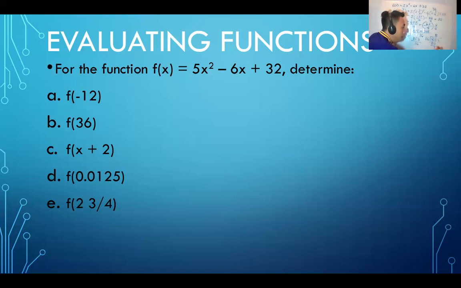Bring down 3. How many 16s are in 53? If we multiply 4 by 16, that is 64. With 3, that is only 48. So we can use 3, and this one is 48.